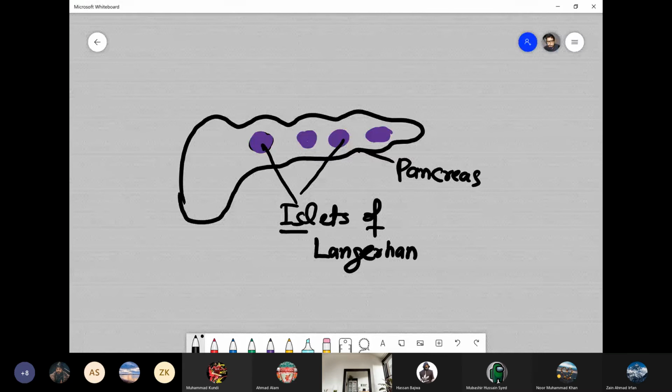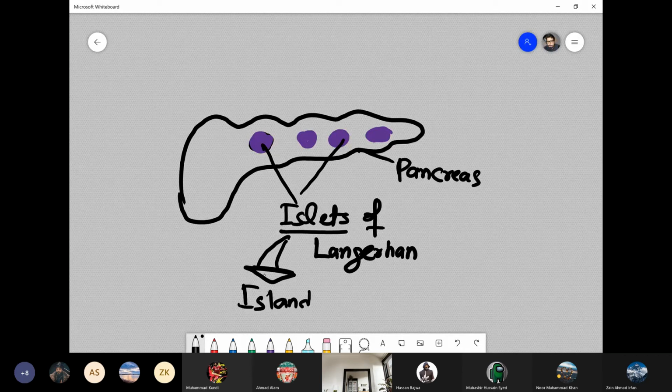Now, this word islet is derived from the English word island. An island is a small piece of land around which there is water. Similarly, these are small concentrations of cells around which other types of cells are present.